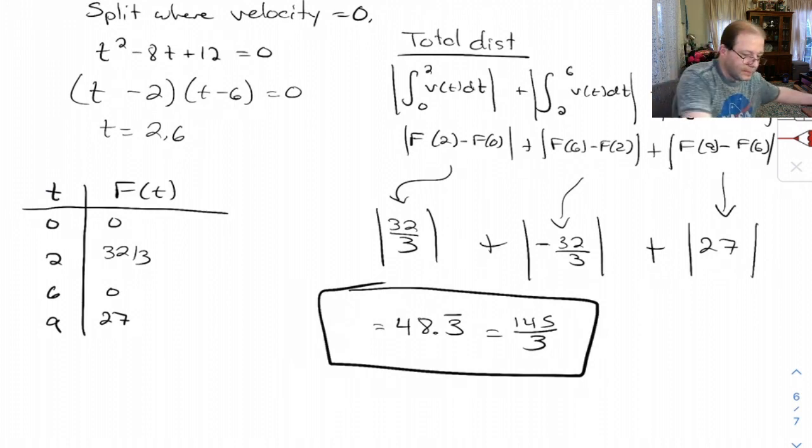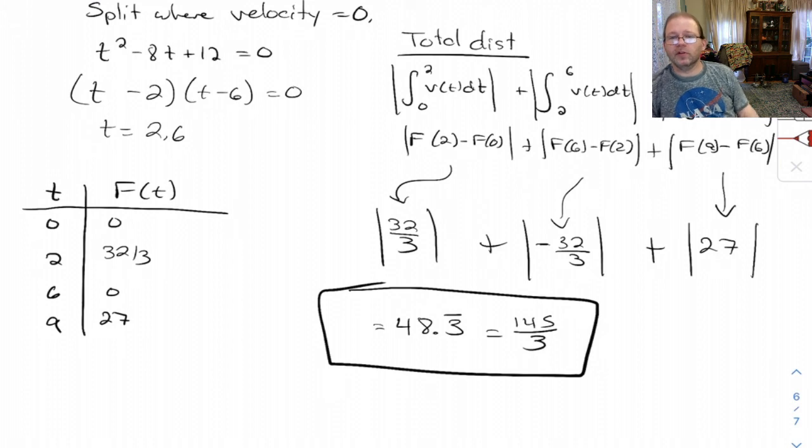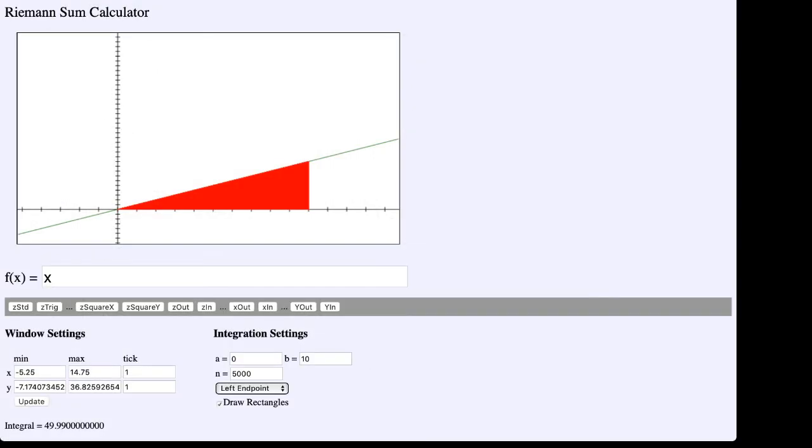All right, let's check both of these using the Riemann sum calculator. What I'm going to put in here is my velocity function, which was t squared minus 8t plus 12. I've got to put it in with x, so this doesn't understand t.